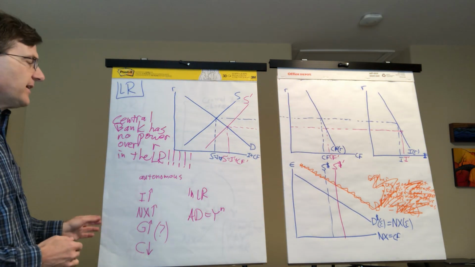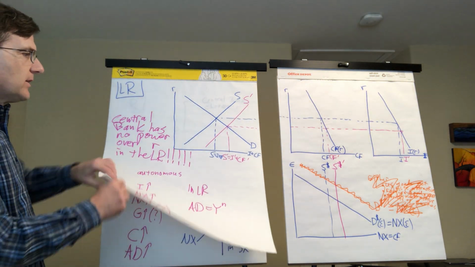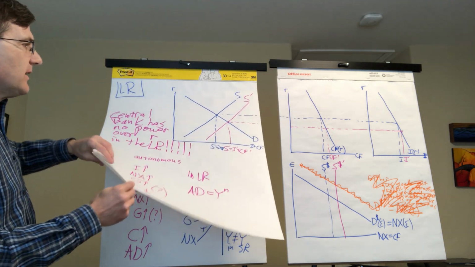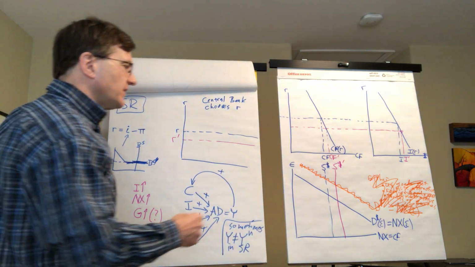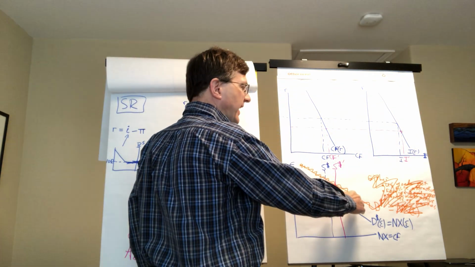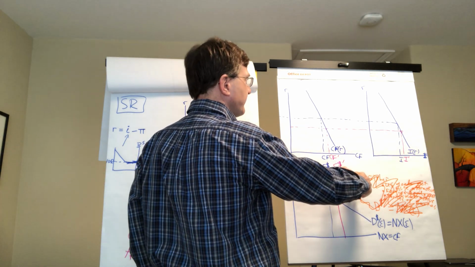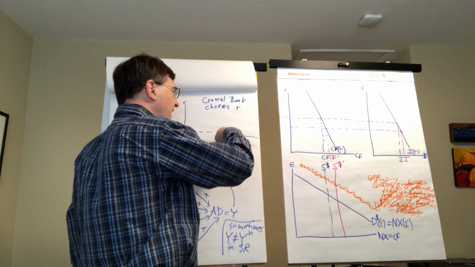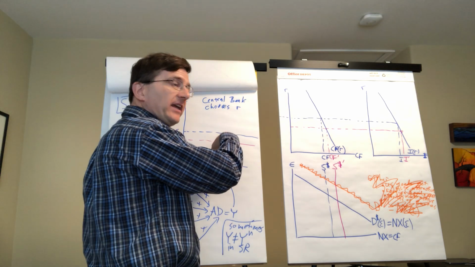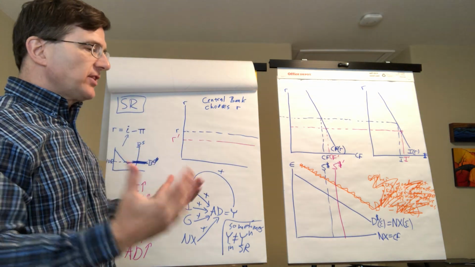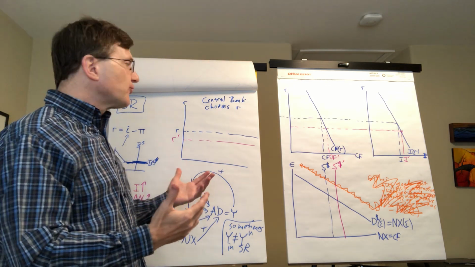Now in the short run, we still can have the net exports curve, also known as the demand for dollars curve, shift. We can have the real interest rate shift. You know, the saving changing does not determine the real interest rate in the short run.